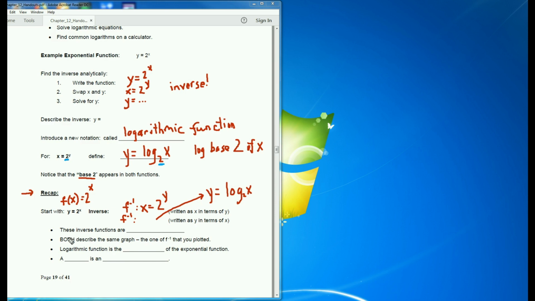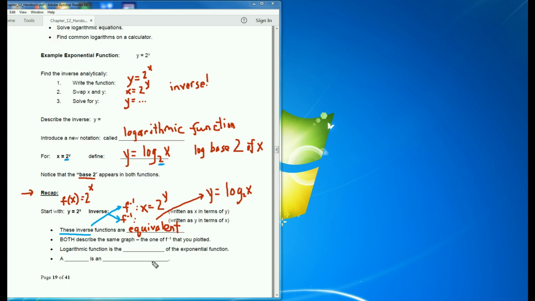And these two inverse functions, x equals 2 to the y and y equals log base 2 of x, are equivalent. They're the same exact thing. They both describe that same graph, the one of f inverse that you plotted on the following page.